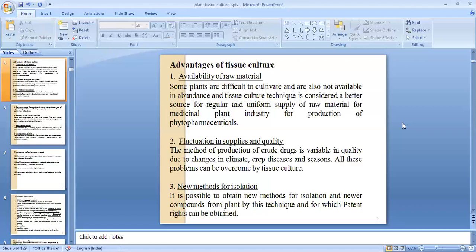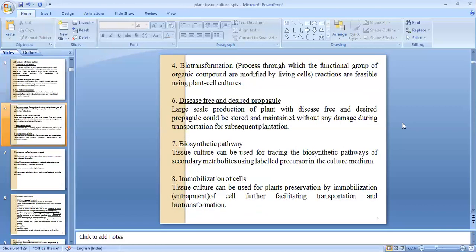And the next advantage is new methods for isolation. Whatever novel isolation methods you have, you can experiment with them, where new methods can be employed for the isolation of the components produced by plant tissue culture, and for which a patent can also be made. And the next one is biotransformation. That's what I was talking to you about before.